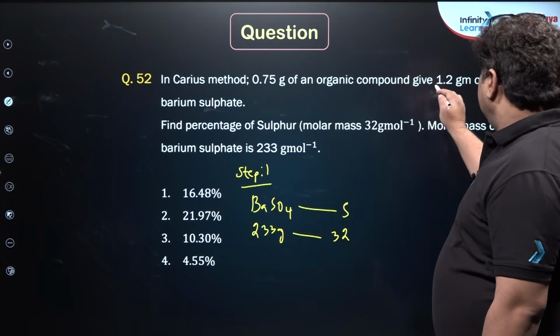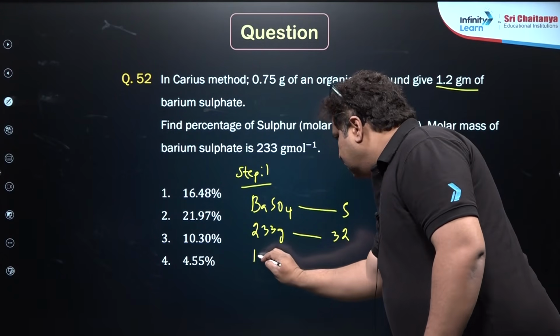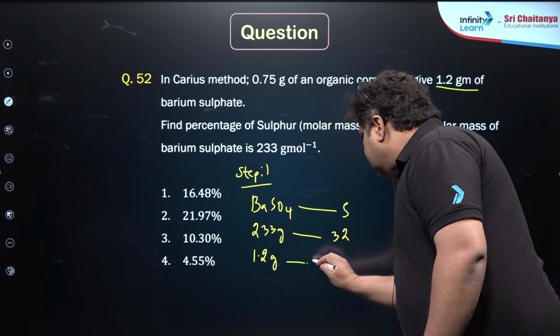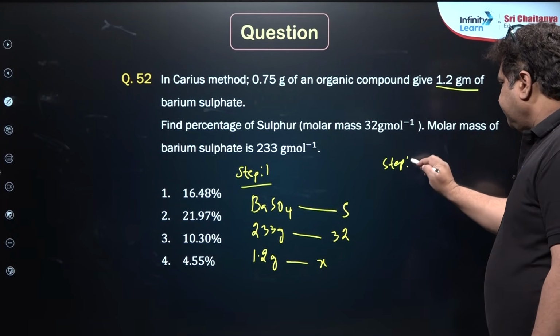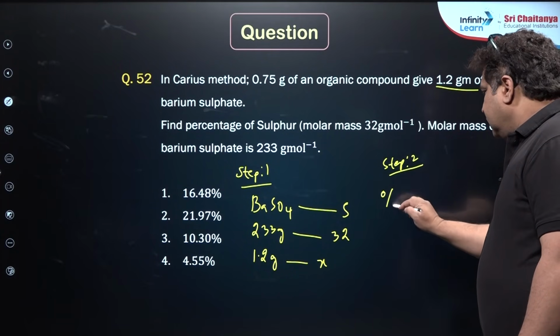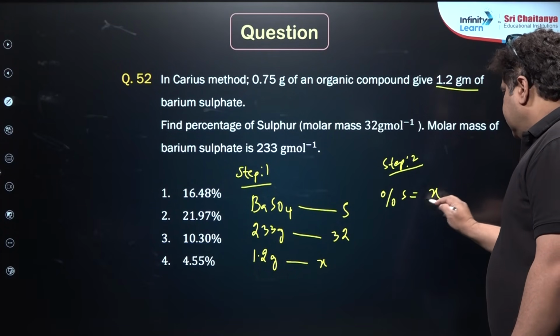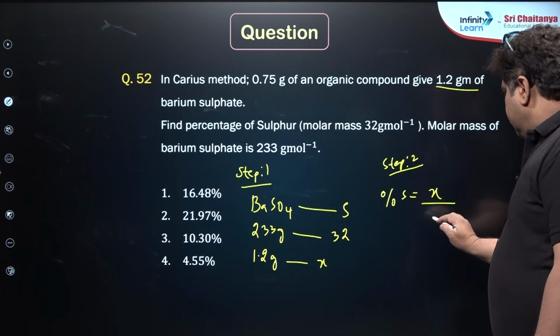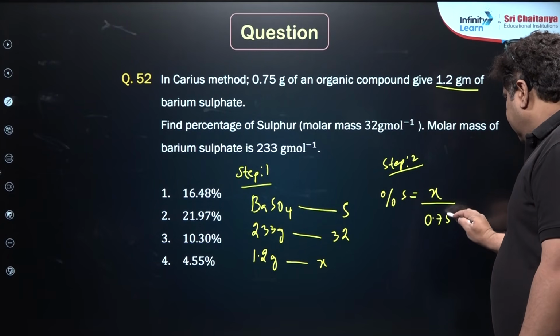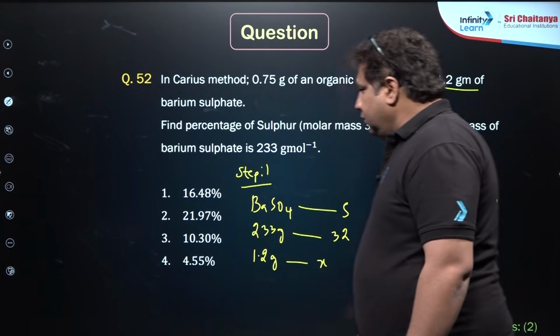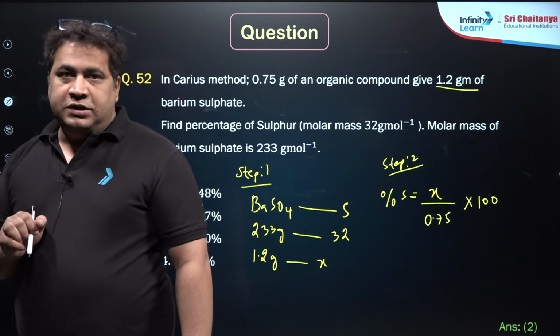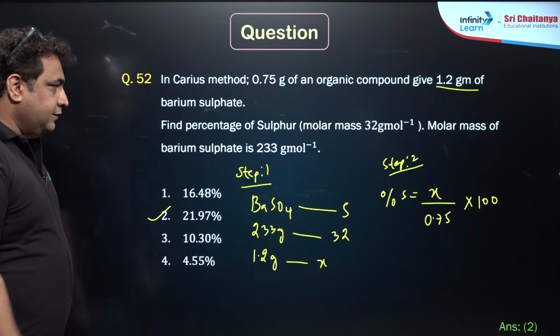Then 1.2 grams of barium sulfate will have X. Then step 2, percentage of sulfur is X divided by the weight of organic compound, 0.75, into 100. On solving you will get approximately 22 as the answer.